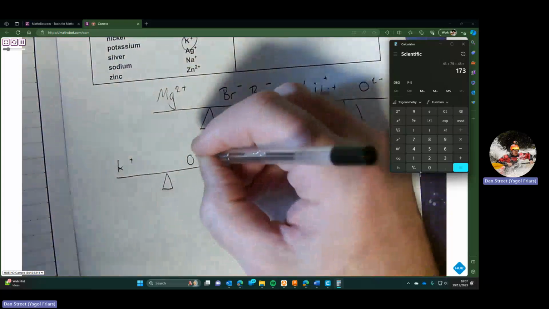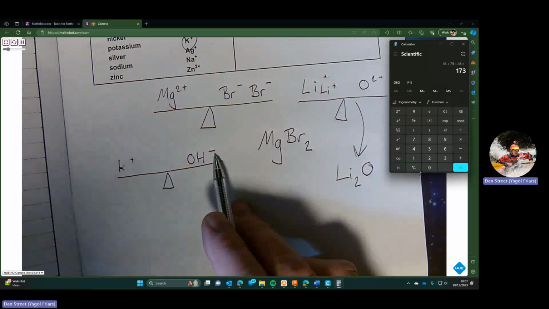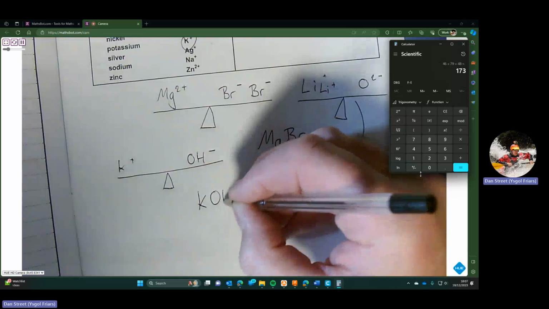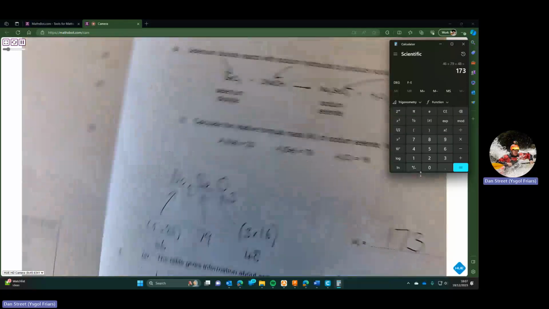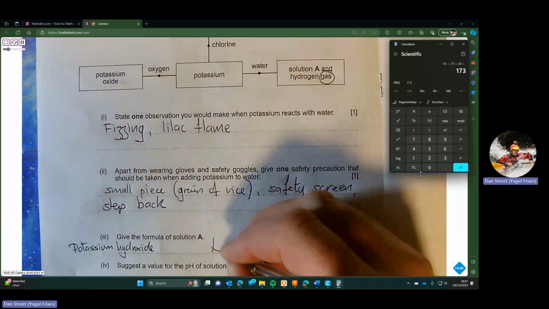Again, we put that on the other side of the seesaw, and we notice that it's a single plus and a single negative, so they cancel each other out automatically. Consequently, the formula is simply KOH. So if we put that in the right place, the formula is KOH.